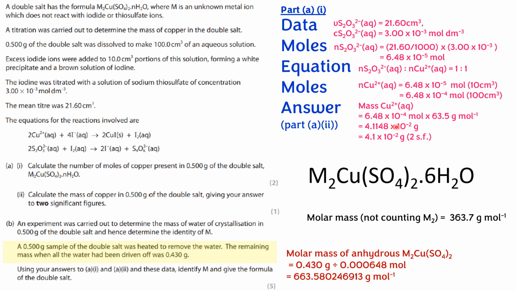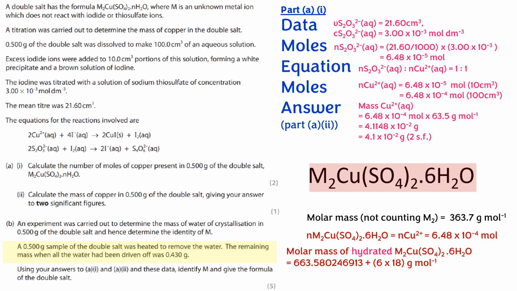That's your 6.48 times 10 to the minus 4. Okay, so now let's look at the whole thing. If it's 663 grams per mole, or 663.580246913 if you keep your calculator value, that's just this part.